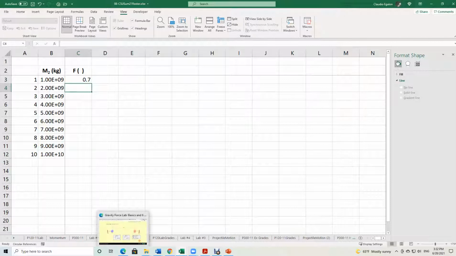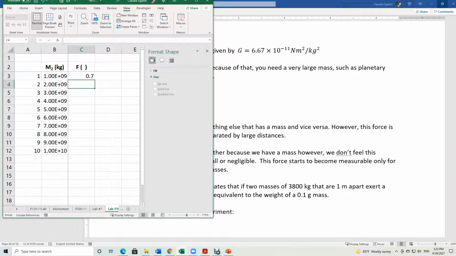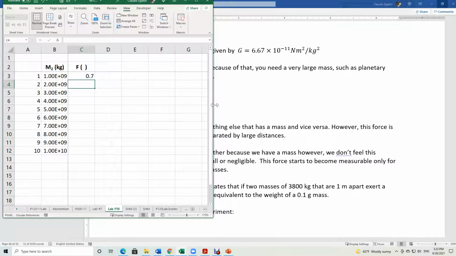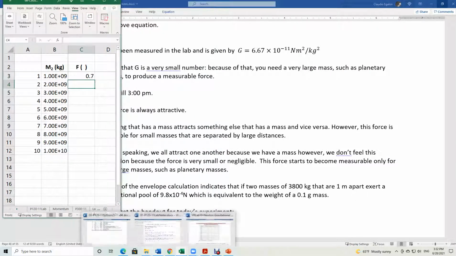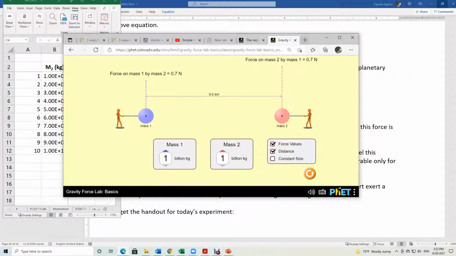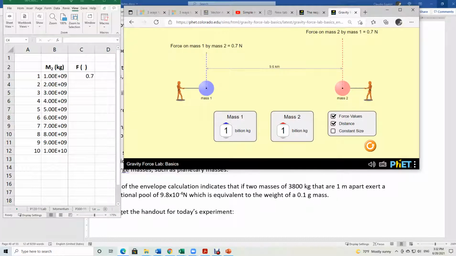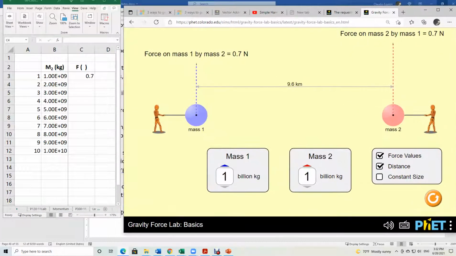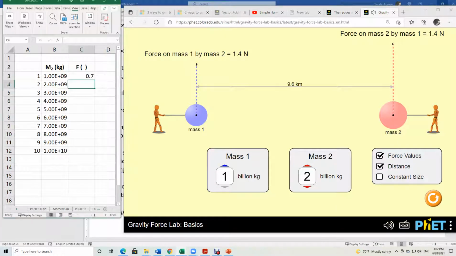Let's go to, and what else am I going to do? Here you go. I'm going to shrink my window size here. I'm going to try to display both the simulation and my spreadsheet. I'm going to increase my mass number 2 to 2 billion, and here you go, we get 1.4.